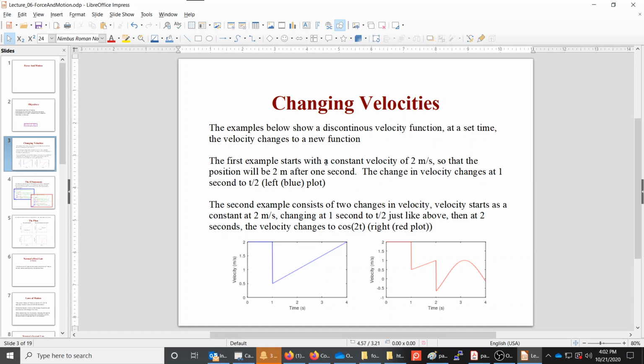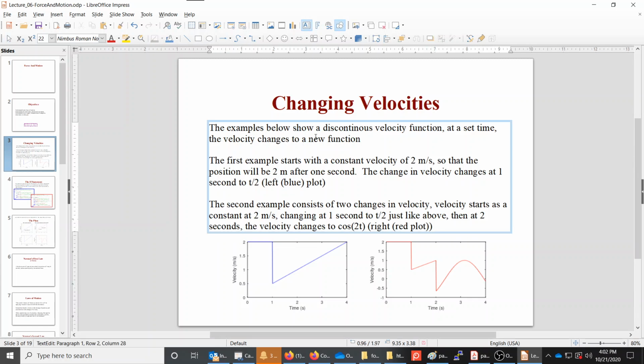What we have here is a velocity, and the velocity is going to change. Not only is it changing, but it's going to change the whole response, or the whole function that it's performing, given certain conditions. In this example, the condition I'm giving is a known time.